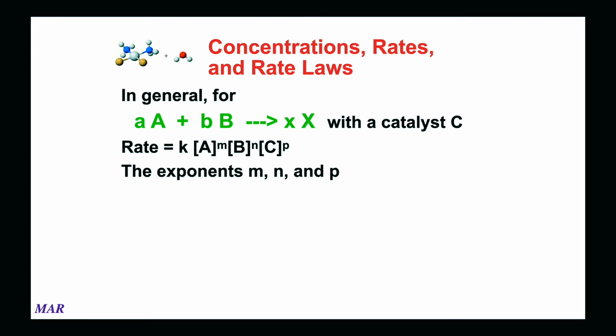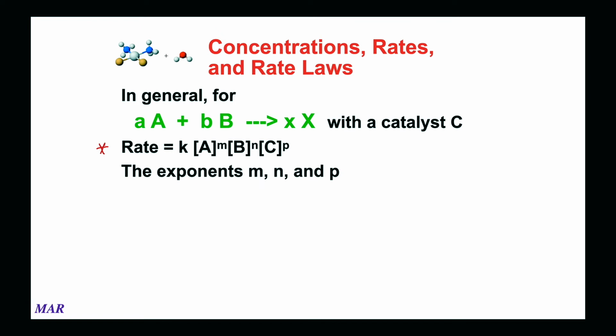So what people do sometimes is they'll write a generic rate law, and that's what this line is right here. So we saw in the last slide that rate equals K times, in that case, cisplatinum. Well, for this reaction, we would write rate equals K times the concentration of big A to the M power, and then big B to the N power, and big C to the P power.